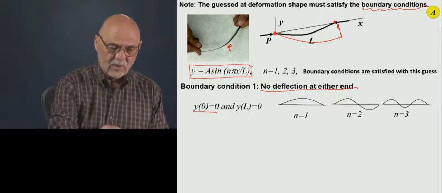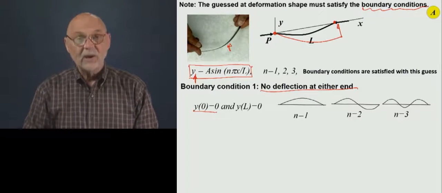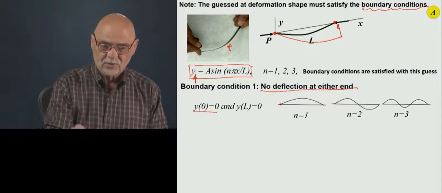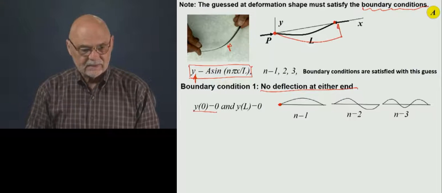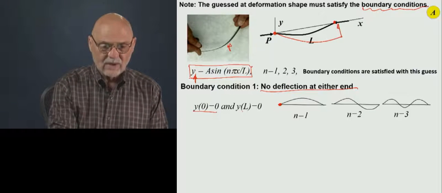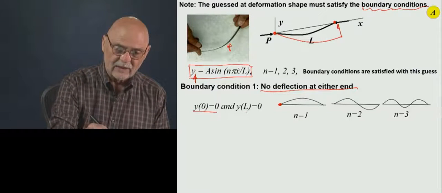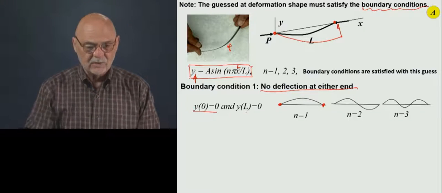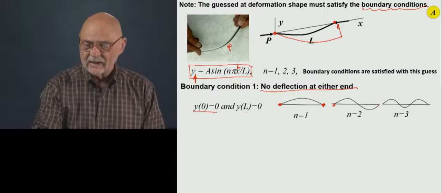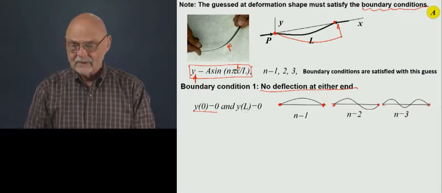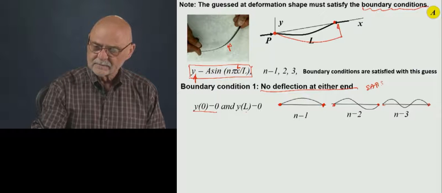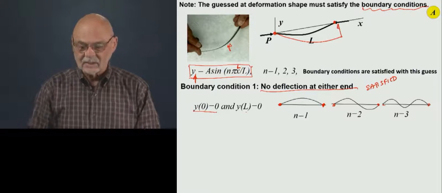So we have to make sure that that's satisfied. y in this equation, when x is 0, has to equal 0, and obviously that's true for a sine function. If we put in x equal to L into this equation, it's also equal to 0. And it doesn't matter what n is, it's always required. So this is satisfied here, even though we hadn't really looked at it before.